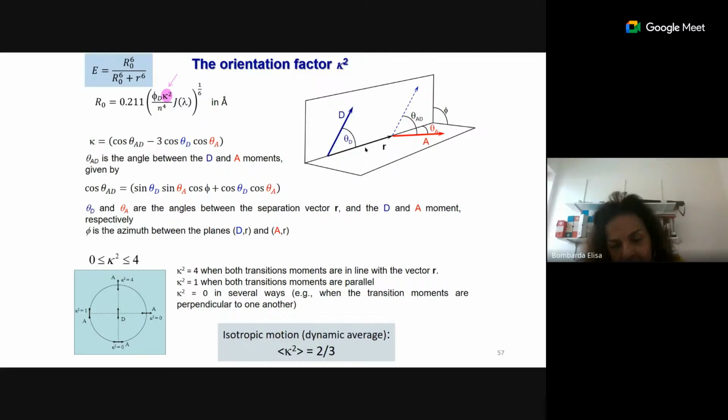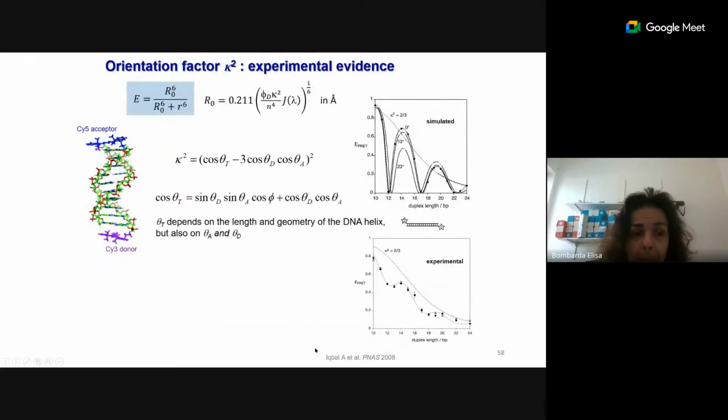So in general, in our experiments, we consider the isotropic motion in solution, and so we get a dynamic average, and the practical value of the orientation factor that is often used is 2/3, the dynamic average.